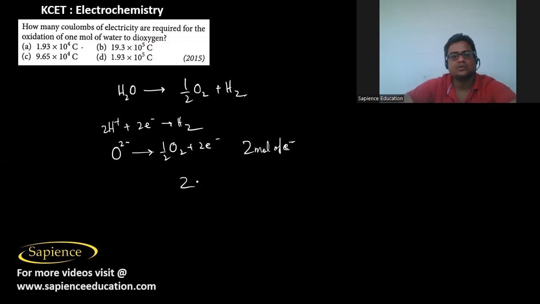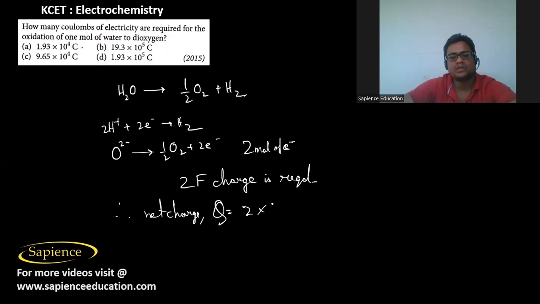So it means that 2 Faraday charge is required. So the net charge Q required is equal to 2F, which is 2 into 96500 coulombs, since 1 Faraday is equal to 96500 coulombs.